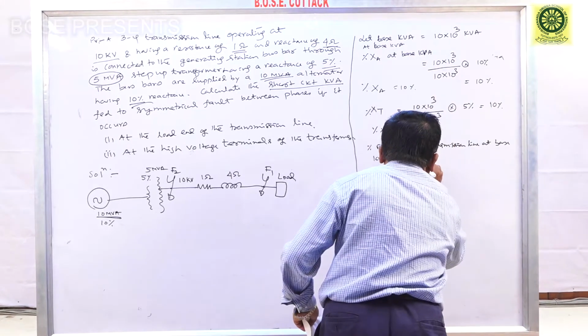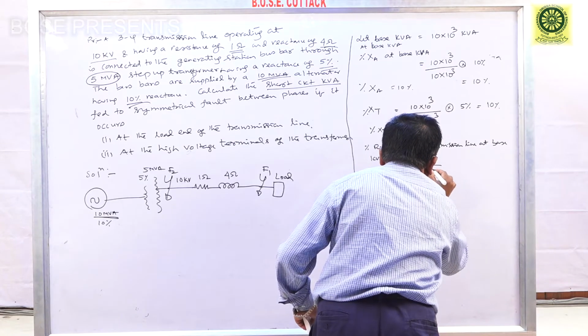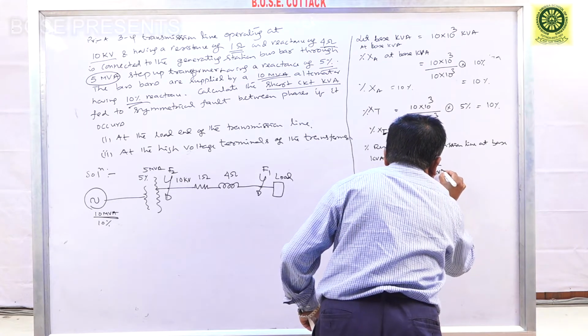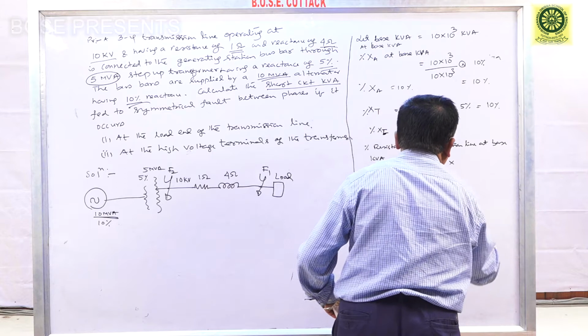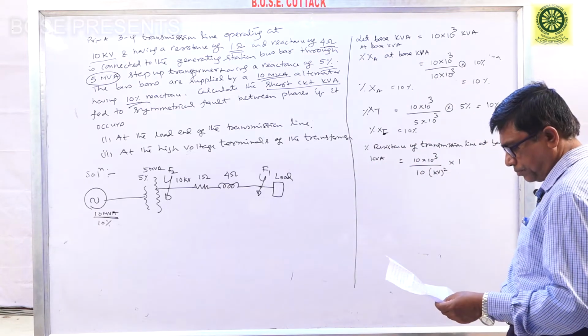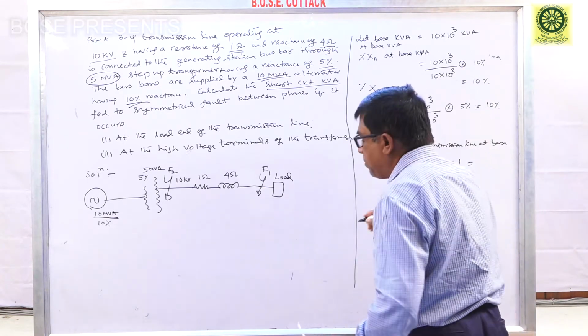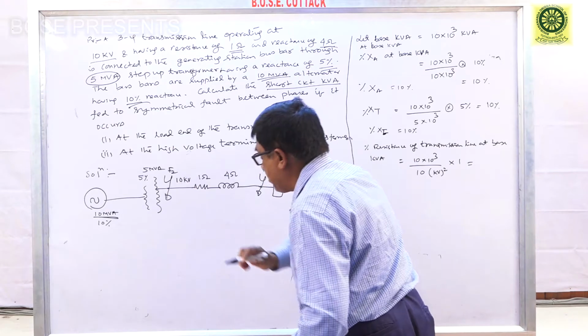10 into 10 to the power 3 divided by 10 into kV squared into resistance. What is the transmission voltage? 10 kV.